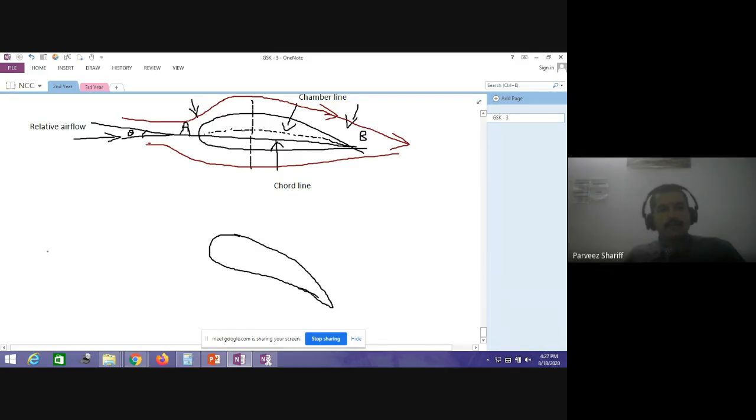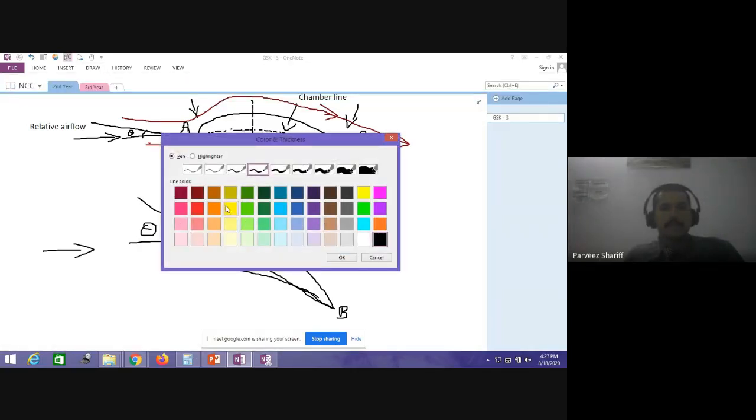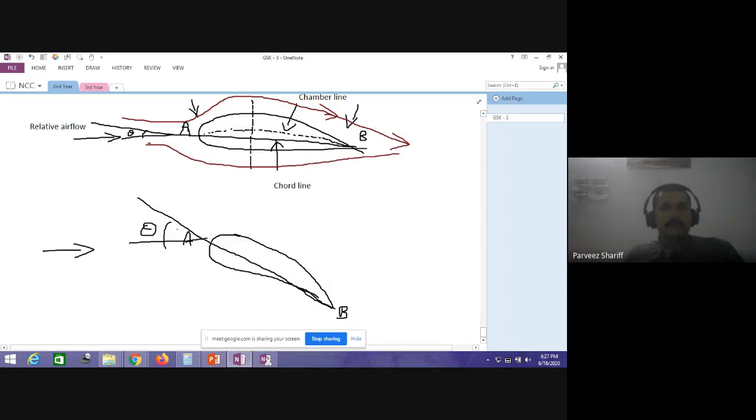Now air is coming like this, and you have increased the angle. Now this is A, this is B, this is the trailing edge. The wing cross section, if you draw a straight line, the angle theta is increased. When the angle theta is increased, this is definitely more than 15 degrees. When it is more than 15 degrees, the air which is supposed to come and meet, does not meet.